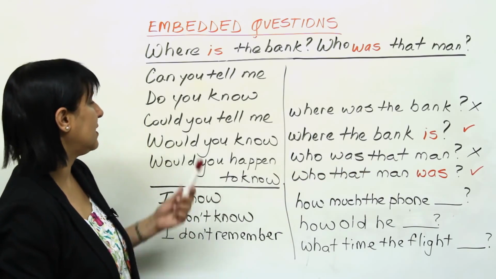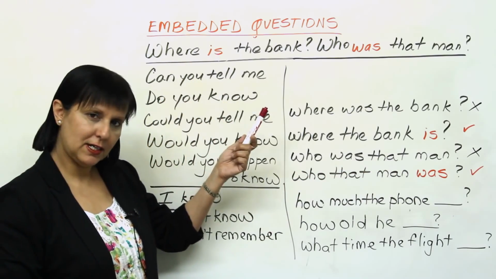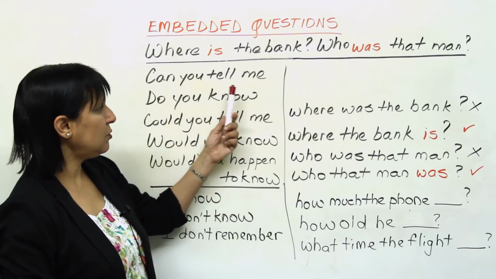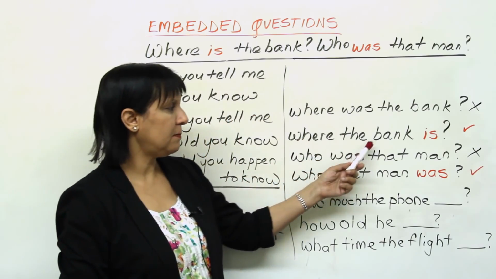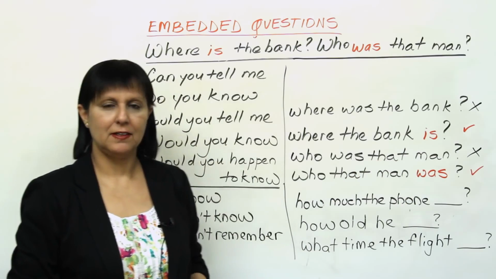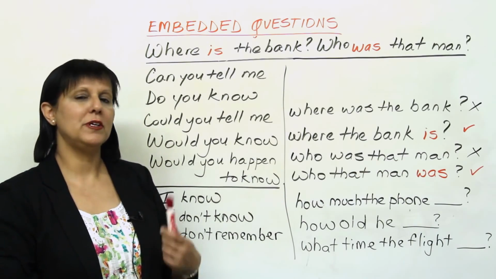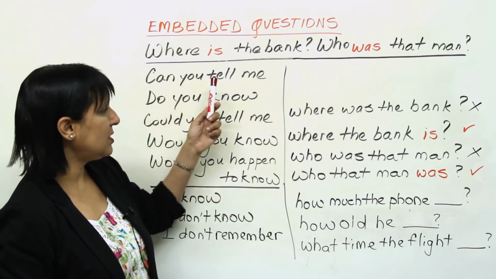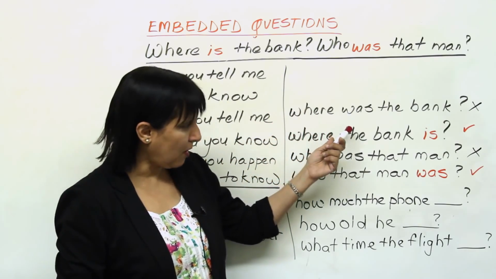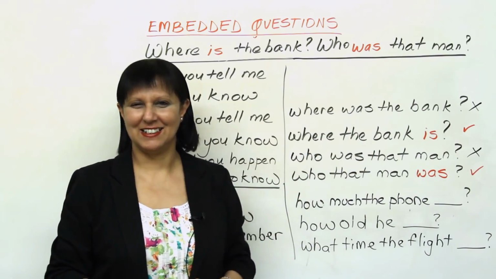Let me show you what I mean. Where is the bank? Or, can you tell me where the bank is? That's the correct way to ask this question. We do not say, can you tell me where was or where is the bank? All right?